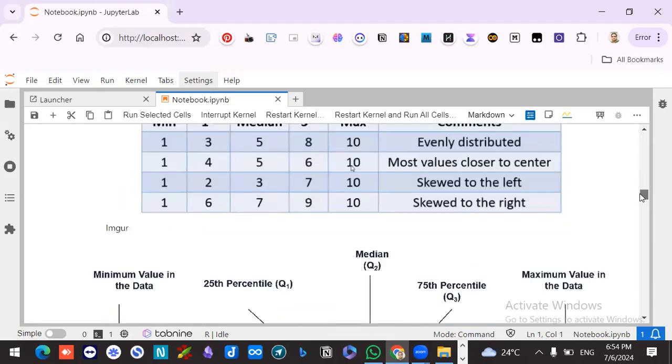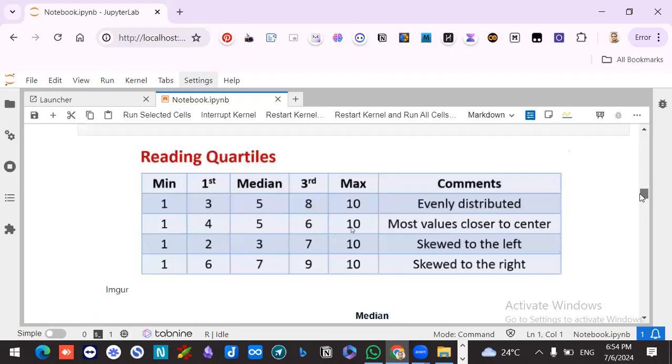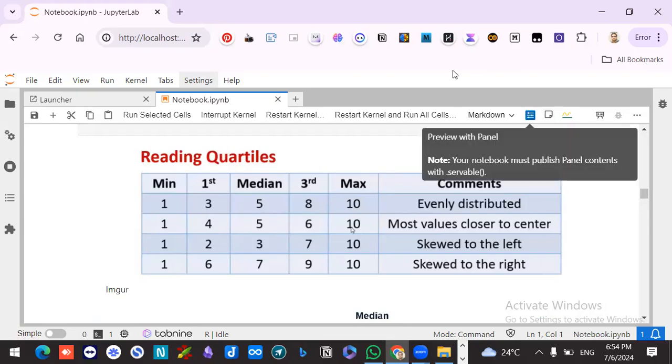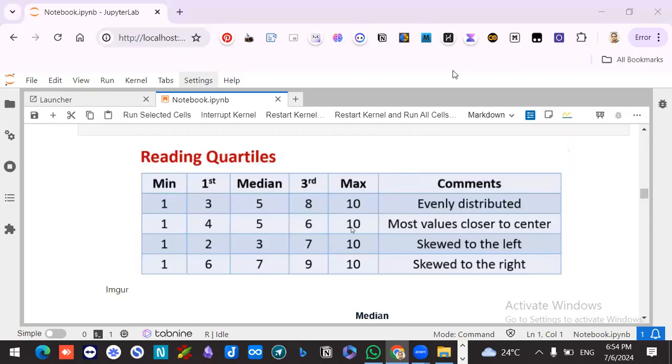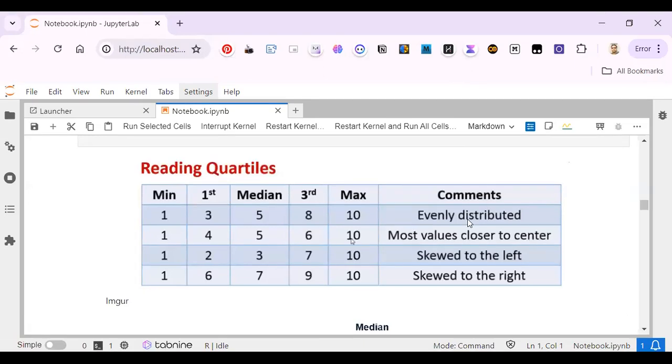And what is this, which I explained? Quantiles. By looking at quantiles alone, we can tell what sort of shape the data holds. How do we know, and what do we have to understand? Let's consider a simple, evenly distributed example. I have taken a simple example of how this can help us.